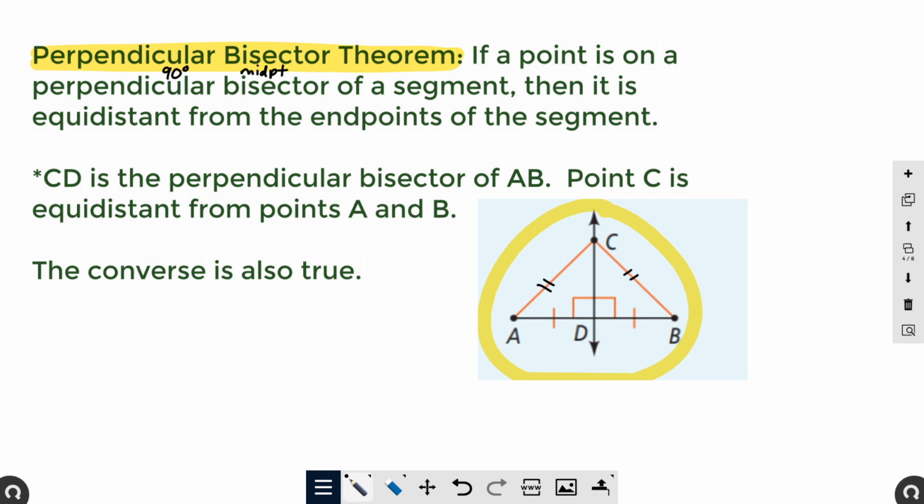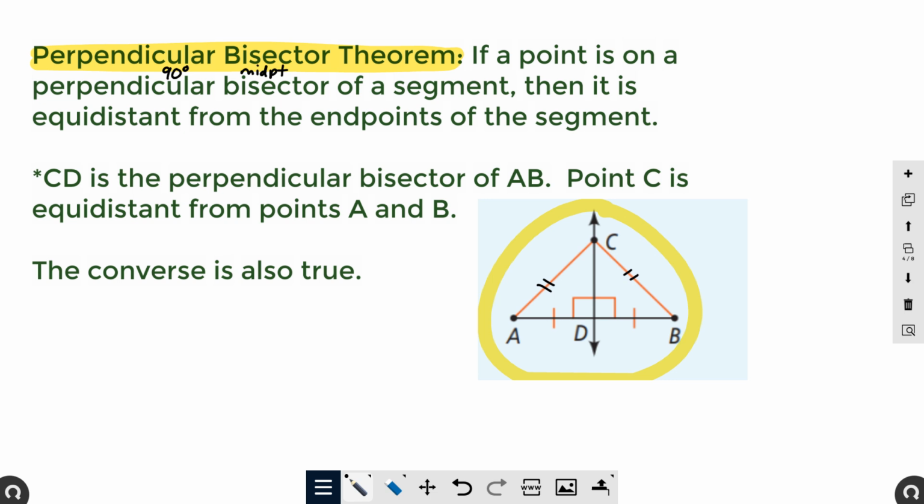And then it makes a special kind of triangle here. Triangle ABC. What kind of triangle is this one? Well, ABC is not a right triangle. Almost. Not equilateral. It's isosceles. These two sides are equal, AC and BC, but AB is not equal to those two sides because they have different markings on them.